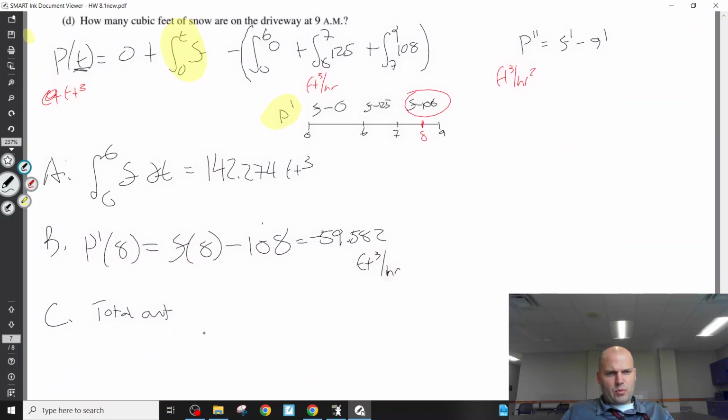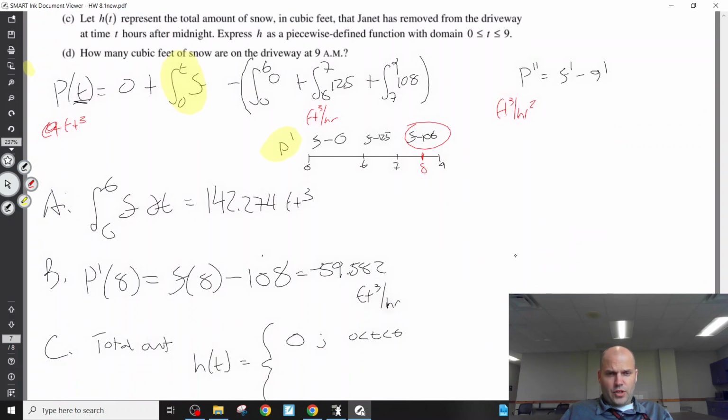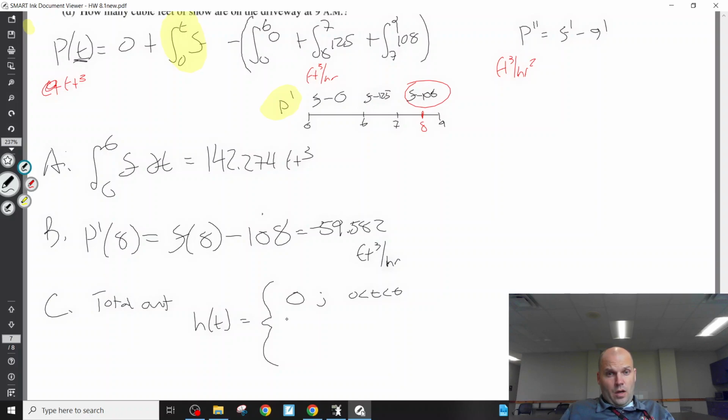H of t being a piecewise function equals, here's my pieces, 0 from 0 to, what is it, 6? Yeah, 0 from 0 to 6. An integral from 6 to t of 125 from 6 to 7.